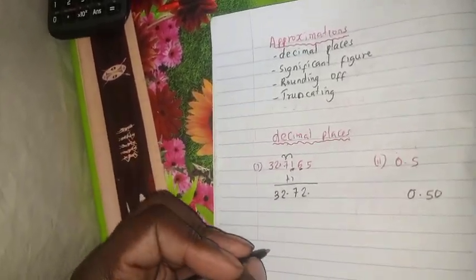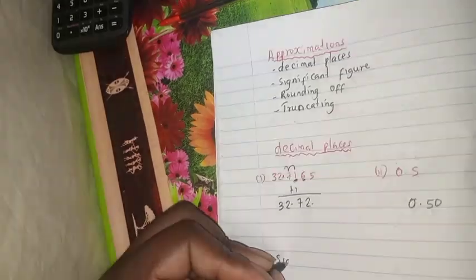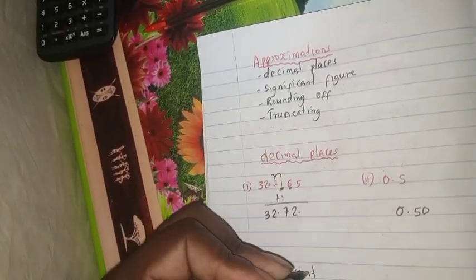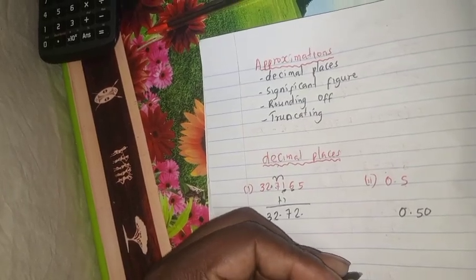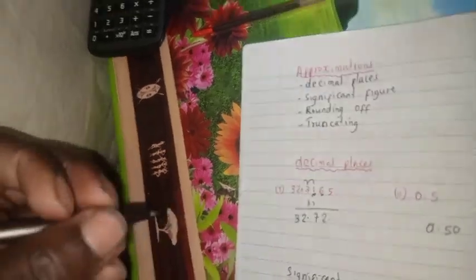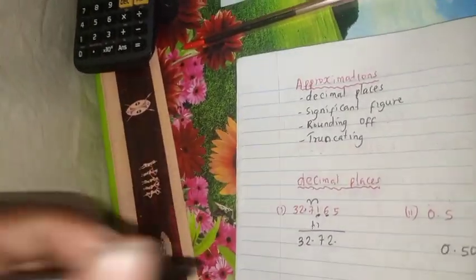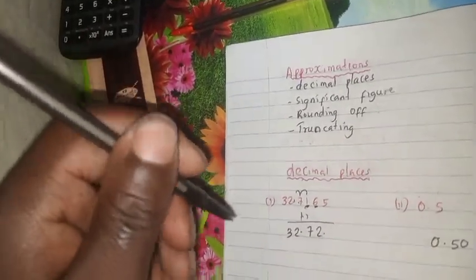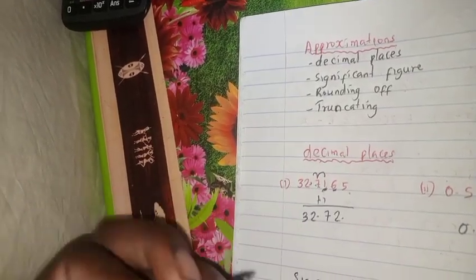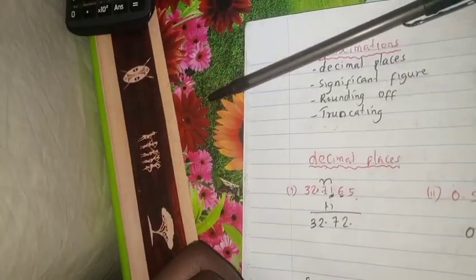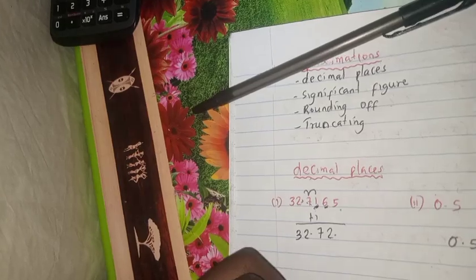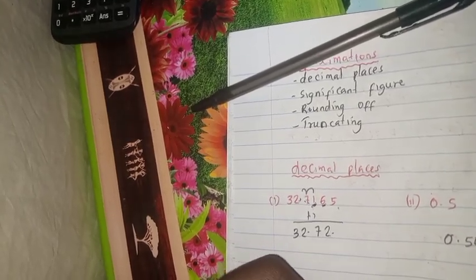Now after that we have something called significant figures. Significant figures simply means from the very first number you count the numbers. If, for example, in this case we have 1, 2, 3, 4, 5, 6, that means this number 32.7165 is in 6 significant figures.